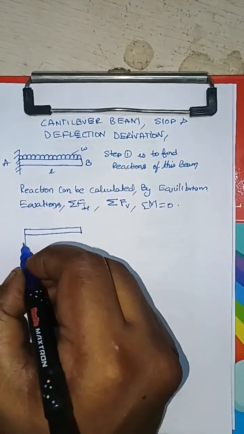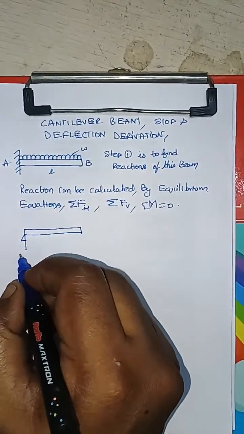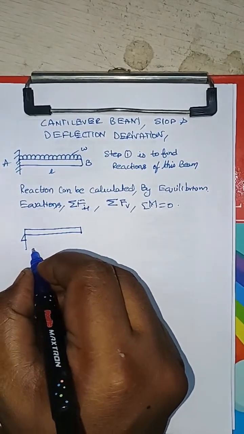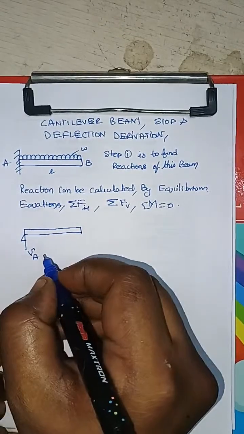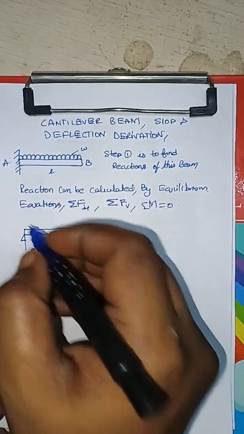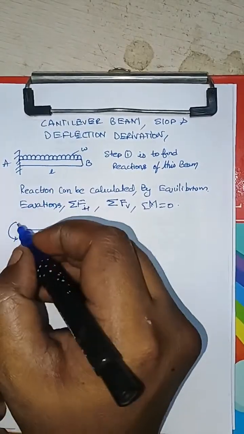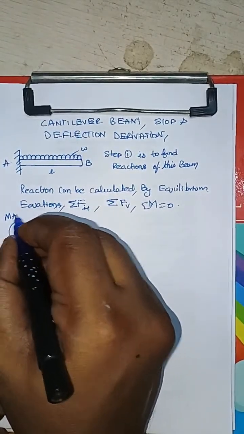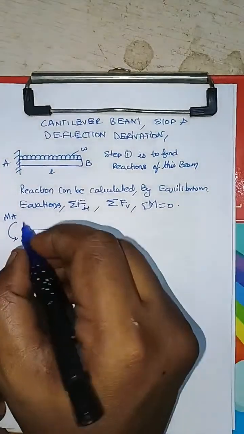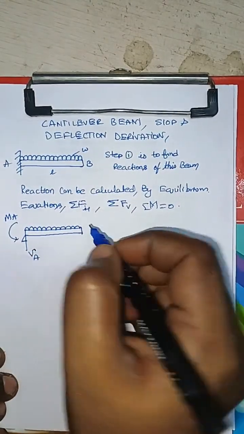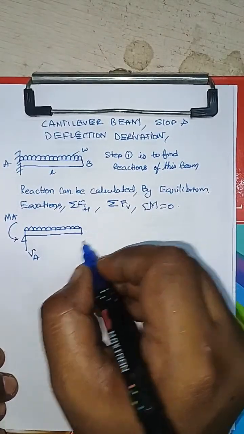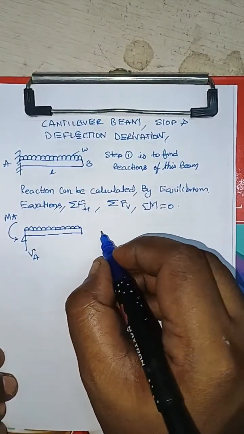If we draw a free body diagram of this beam, this is the vertical reaction VA, and when you take a moment over here, this is called MA. Now we can write the free body diagram equations like this.